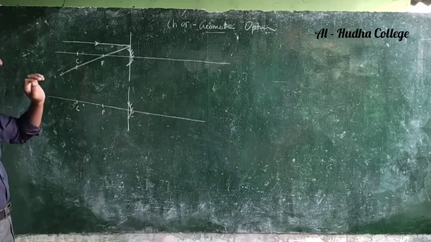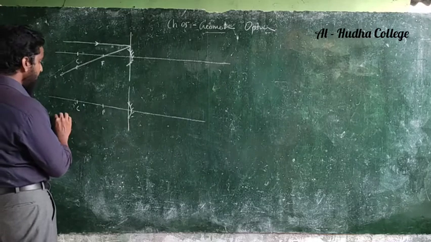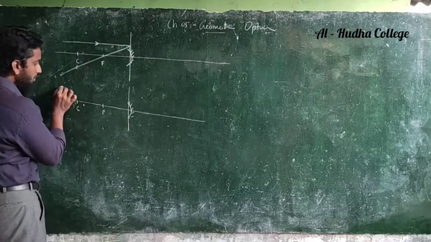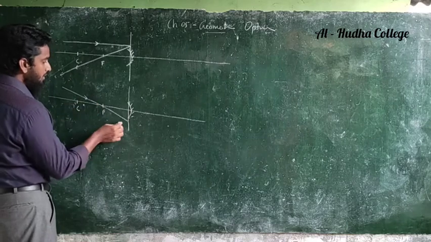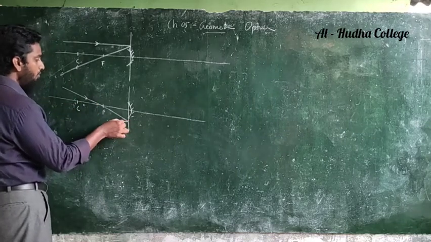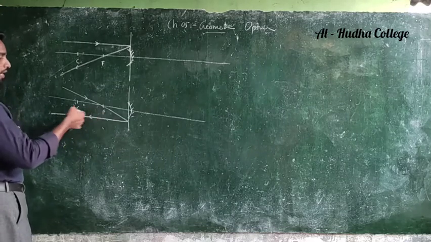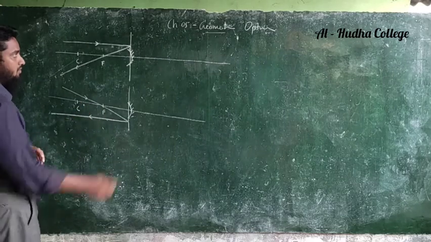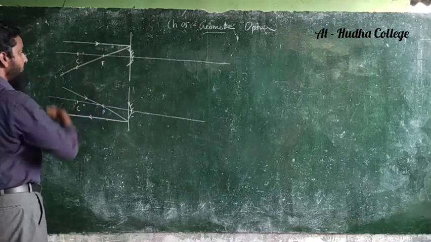Therefore, if you consider a light ray which is coming through the focus, then it should always go parallel to the principal axis. The ray which is coming parallel to the principal axis goes through the focus.